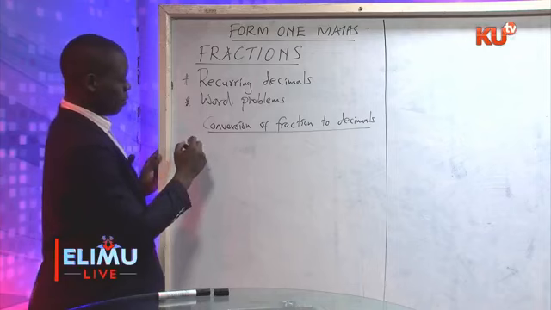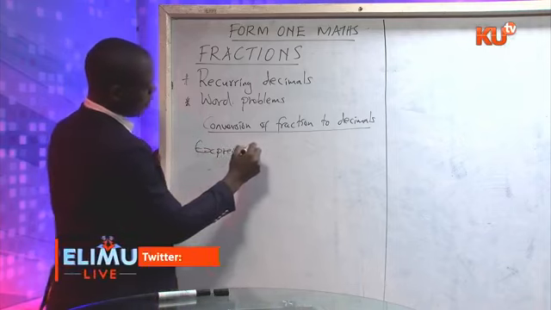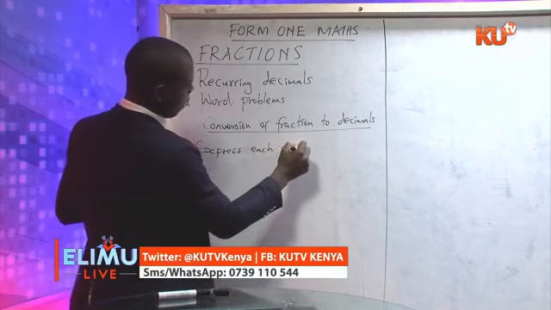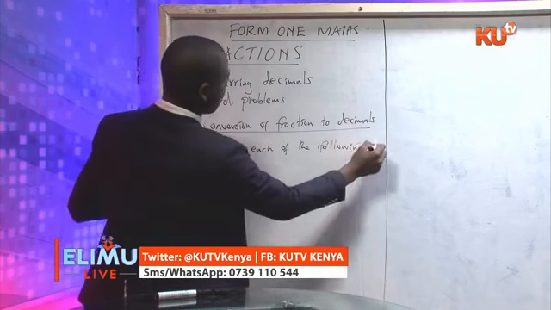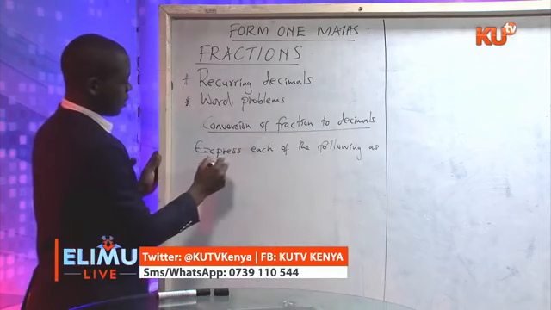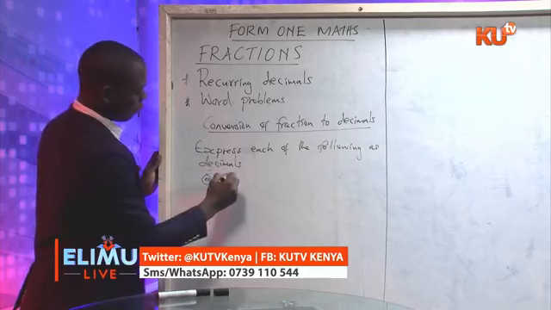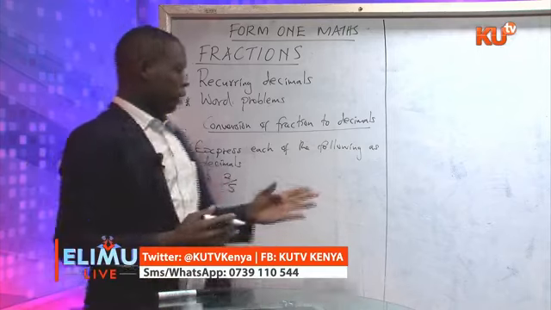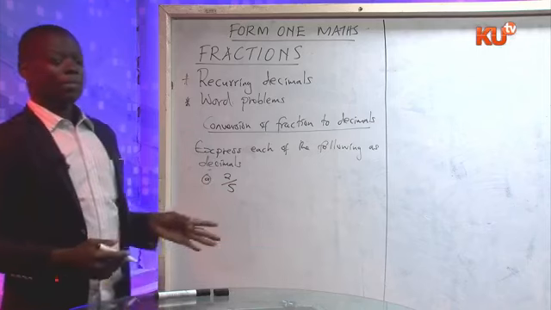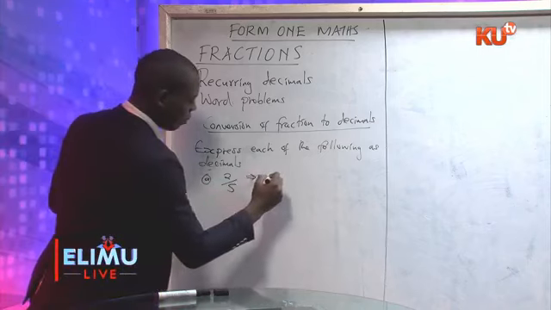For example, if you are told to express each of the following as decimals, and you have a fraction 2 over 5. So this fraction can be expressed as a decimal by carrying out the long division process.